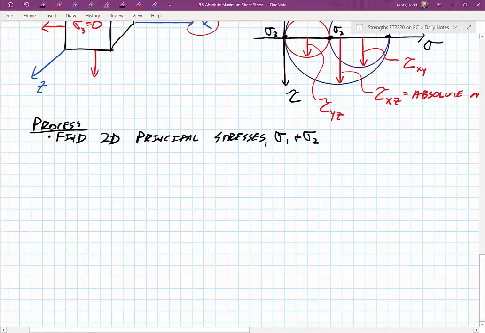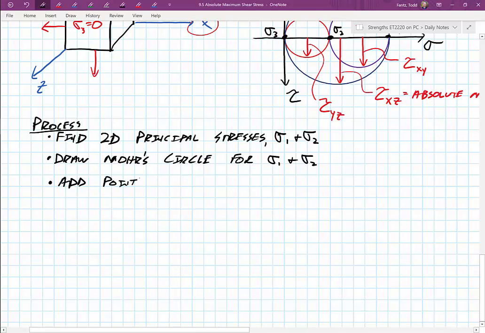After I have those two principal stresses, the second step would be to put those onto Mohr's circle. After I have the Mohr circle drawn, I'll have a single circle with two principal stresses. Then I can add that third stress, a point on your sigma axis for your sigma 3.